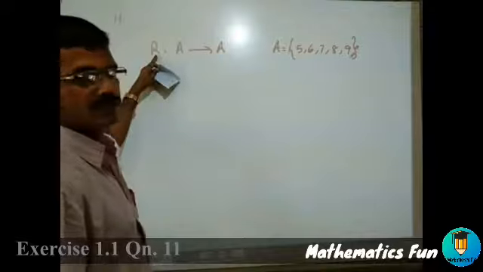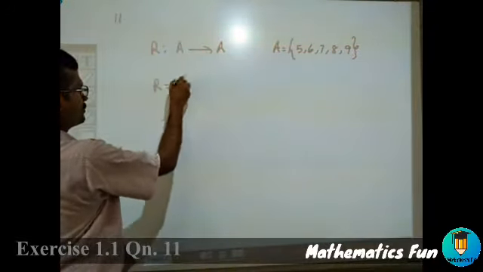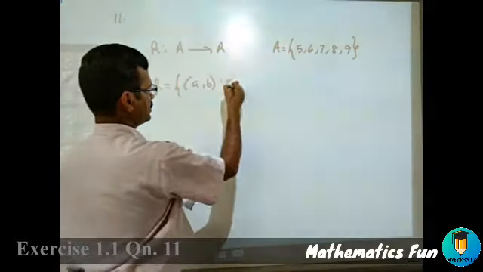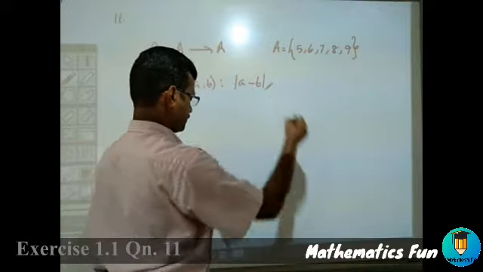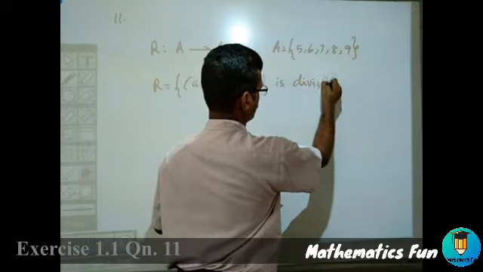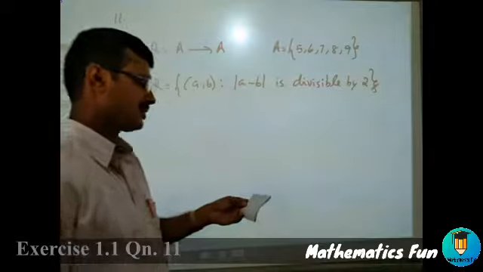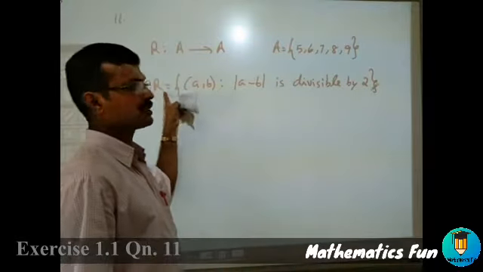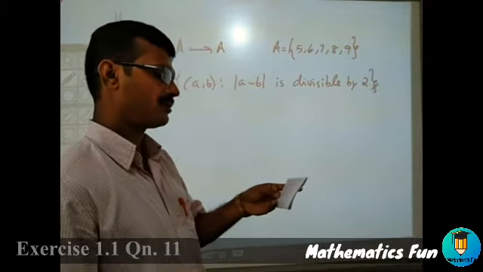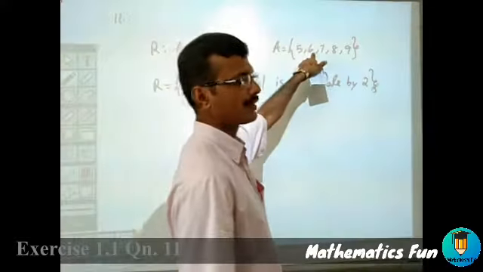And R is such that modulus of a minus b is divisible by 2. We have to prove that this relation is an equivalence relation, and also we have to find all the elements related to the element 6. So that is the question.